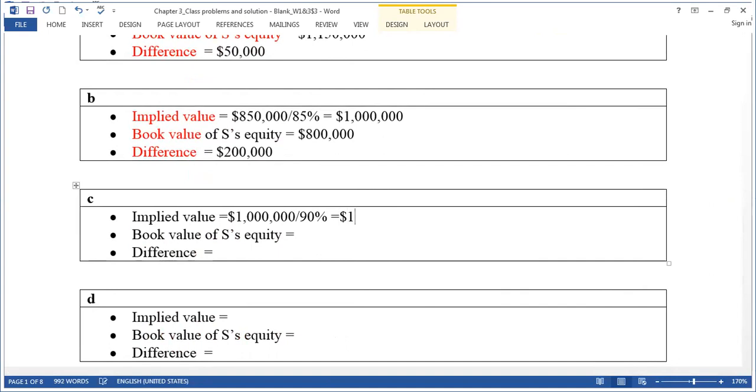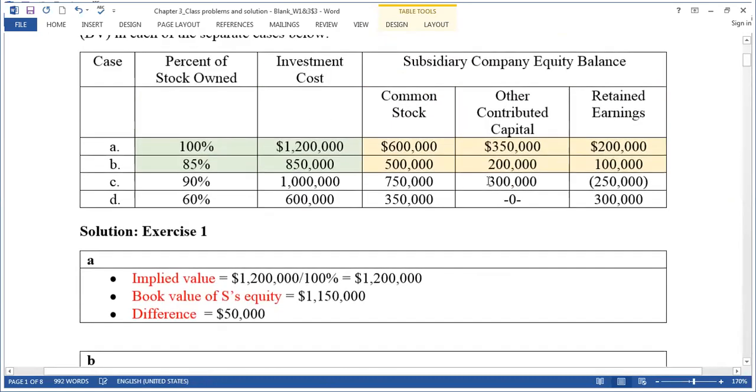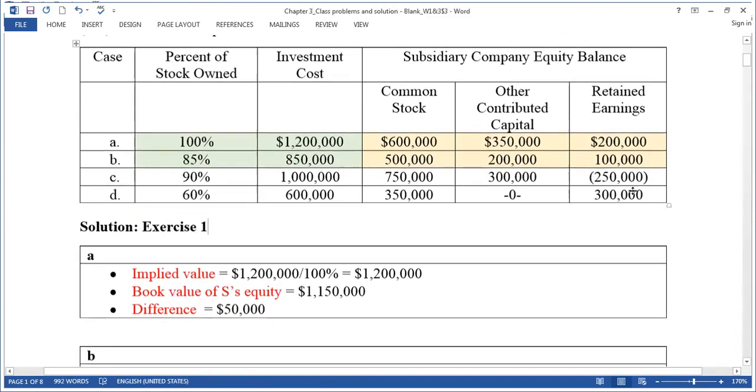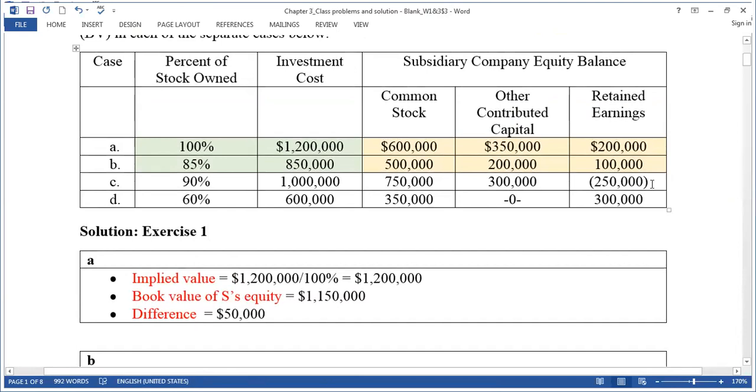So this is this number. Then retained earnings, this is negative, right? Why is this negative? Maybe the company declared dividend and paid dividend from the retained earnings, so it is a minus item, or some other reason that the company distributed the capital.